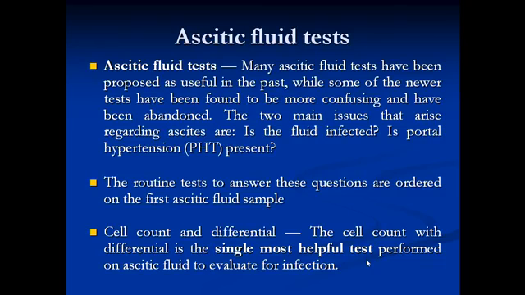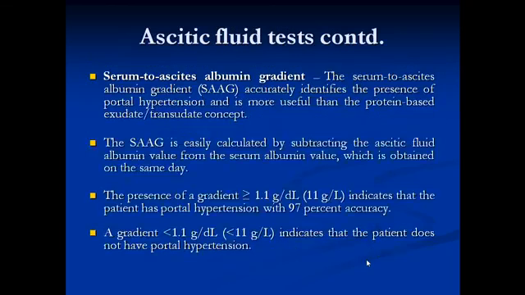Ascitic fluid tests. Various ascitic fluid tests are available: cell count and differential cell count. Serum to ascitic albumin gradient, which is very much important for all of us. Serum to ascitic albumin gradient accurately identifies the presence of portal hypertension and is more useful than the protein-based exudate-transudate concept.